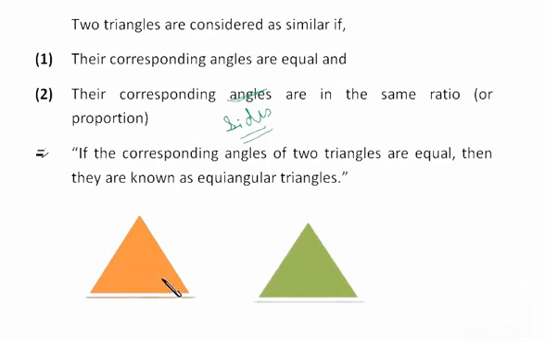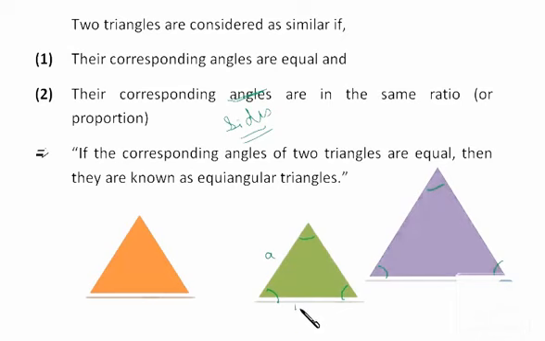So here we can see they are congruent, right? Now I have one more triangle over here. Now this is also an equilateral triangle. So these two triangles are congruent, but these two are similar to each other. Since this angle is equal to this angle is equal to this angle, right? The sides are in proportion.